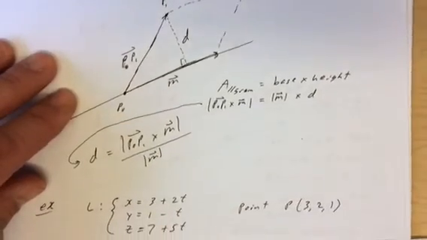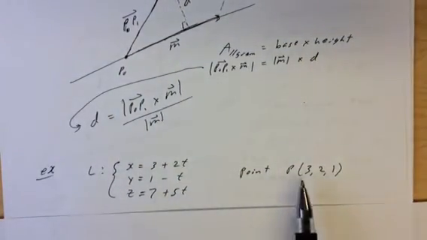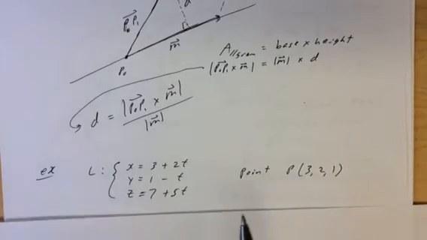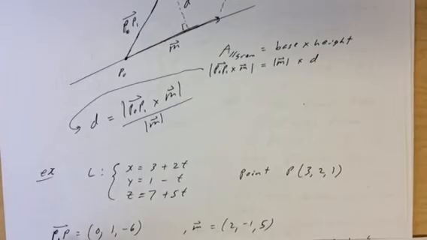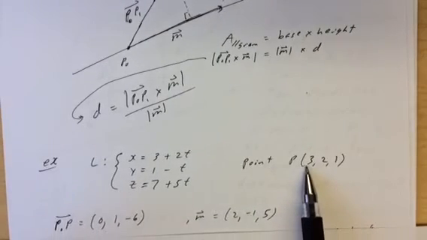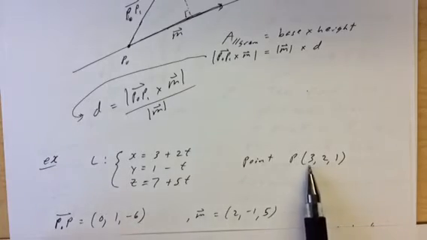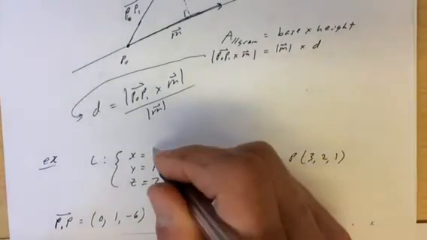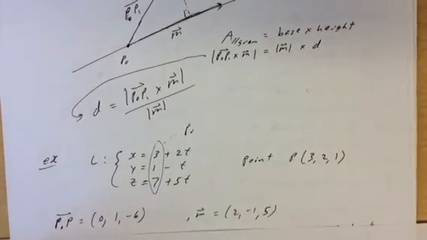Okay, let's try this out. We've got an example here. Here's a line in parametric form, and here's a point. P0P is going to be this: 0, 1, negative 6. Here is P0 from this part here, so P0P gives you this vector. m is 2, negative 1, 5.